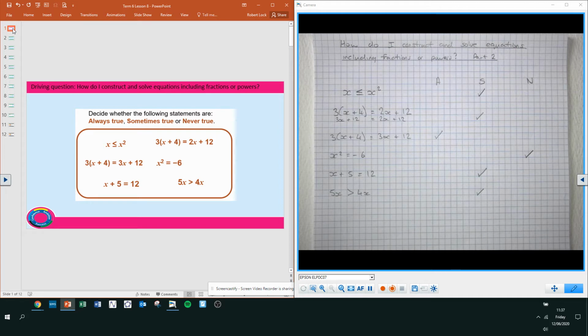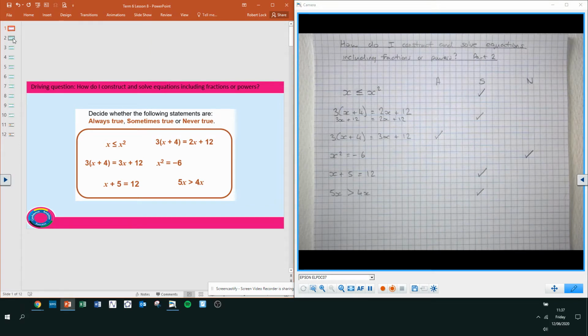Is minus 5 bigger than minus 4? No. Minus 4 in that case will be bigger than minus 5, so that's only sometimes true. It's true when x is a positive number, but false when x is 0 or a negative number, so it's only sometimes true.